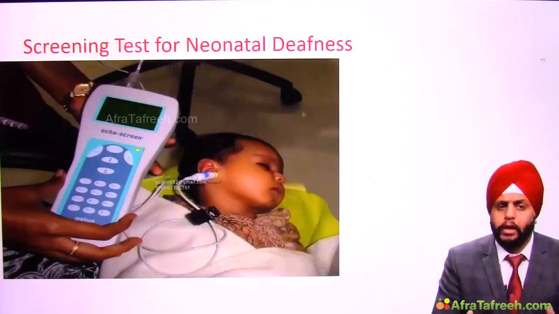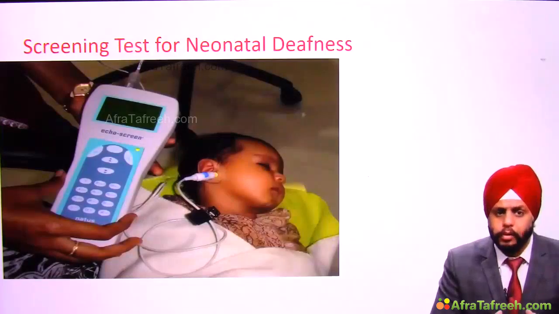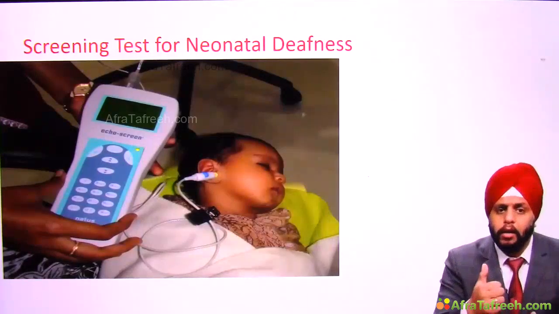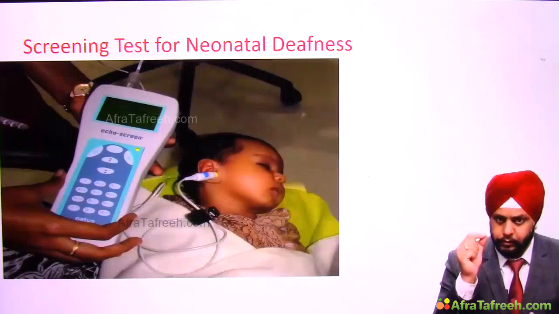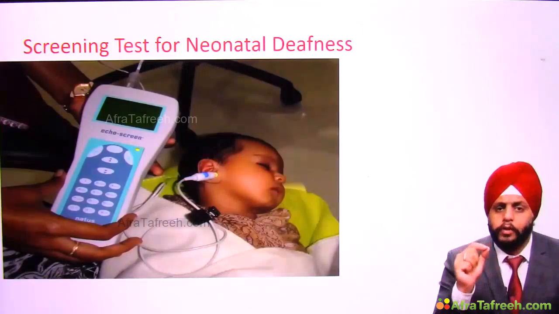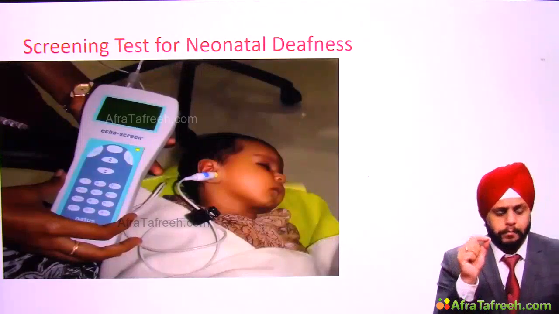Any other use of OAE other than neonatal deafness? Yes, they can also be used to detect ototoxicity. These are the most sensitive tests to detect ototoxicity. They are also the most sensitive tests to detect noise-induced hearing loss. Why?